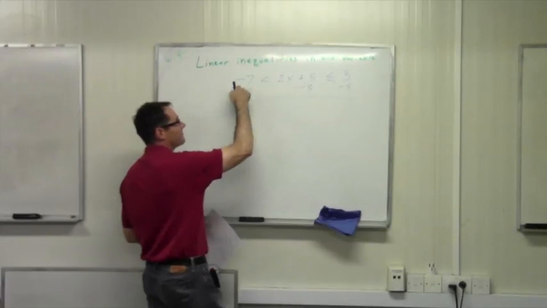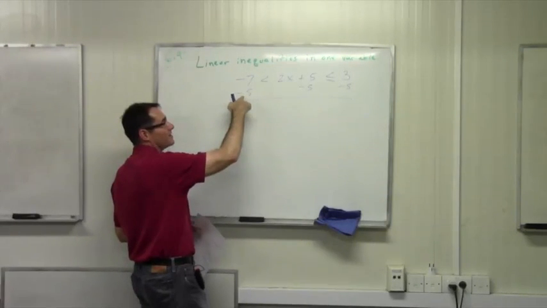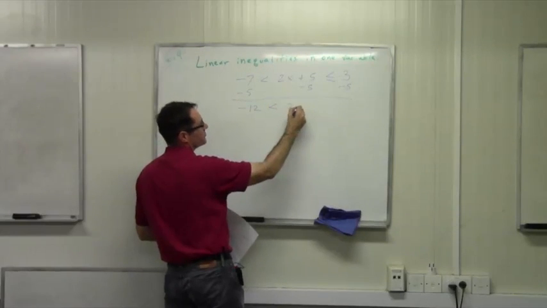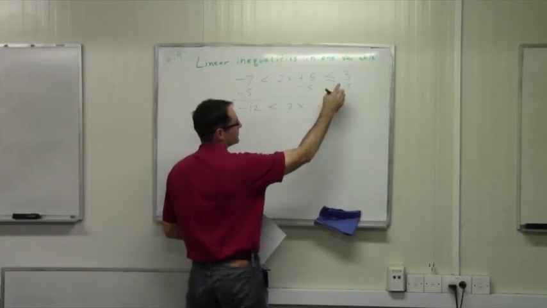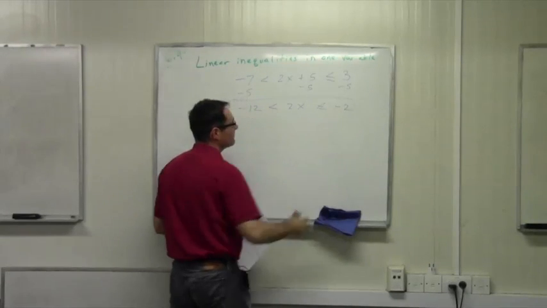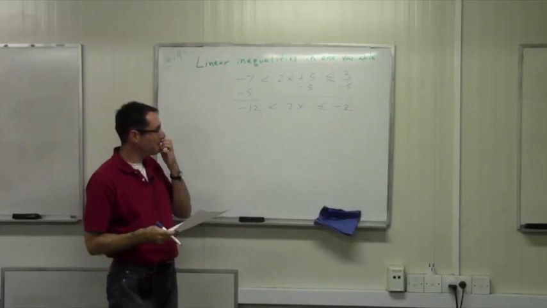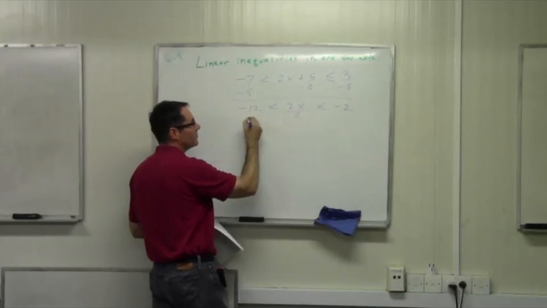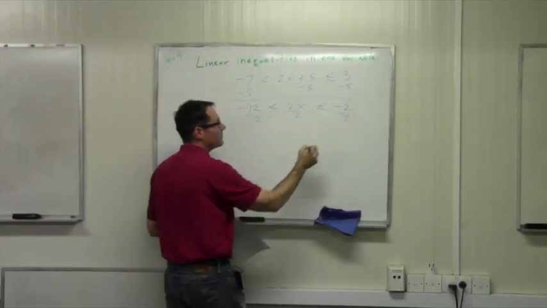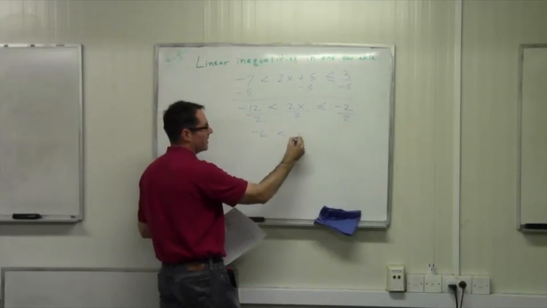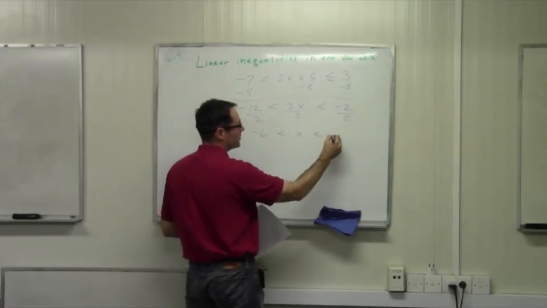So you're going to get -7 minus 5 is -12, less than 2x, which is less than or equal to 3 minus 5, which is -2. Okay? And then you do what? Divide by 2. Do it for everything. And you get -6 is less than x, which is less than or equal to -1.